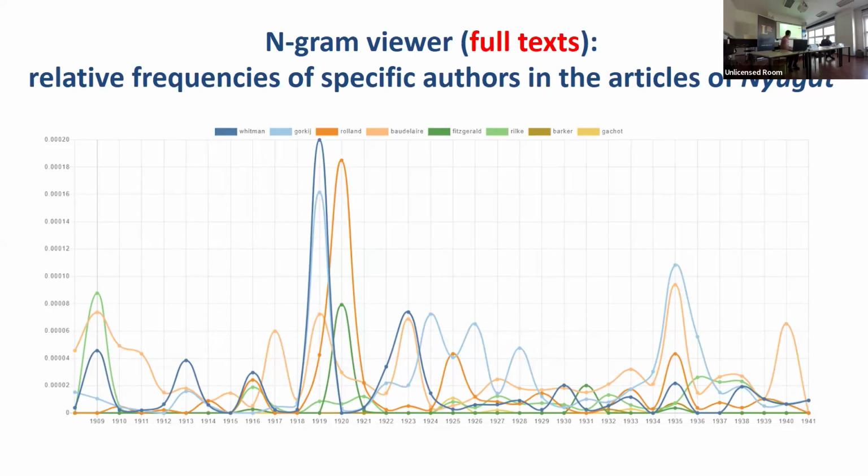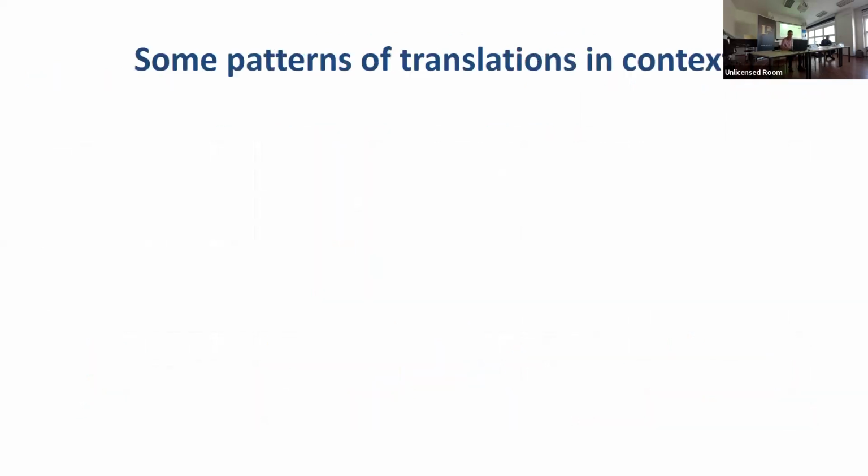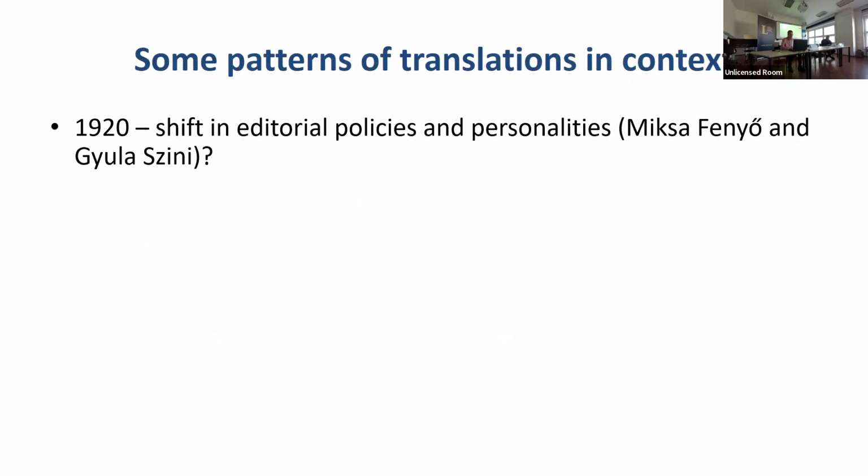The peaks are the same, and in the second half of the 1920s, you can observe the same peak. That means that we can find several correlations between metadata analysis and full text analysis. That's what Gavin actually wrote about.